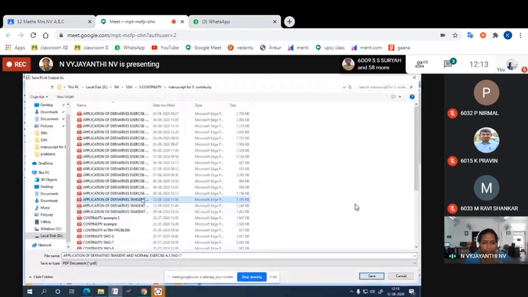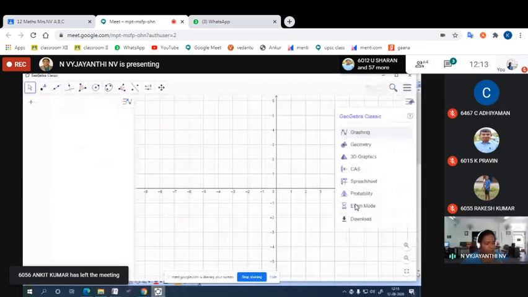So you want to see these curves? What is the first curve which we drew?